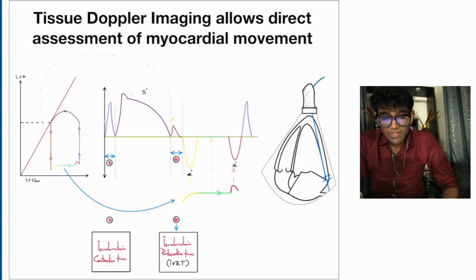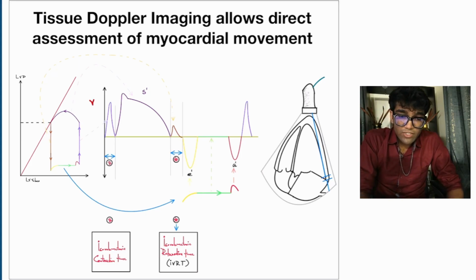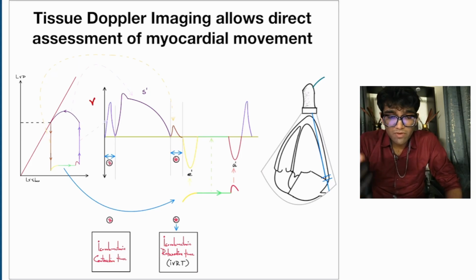Now this curve is something that we need to understand very intuitively. We've plotted the tissue velocity, towards the probe being positive and away from the probe being negative, against time during one cardiac cycle. During the initial part of systole, there is isovolumetric contraction, so the ventricular wall is contracting.